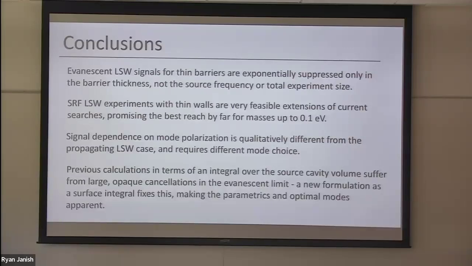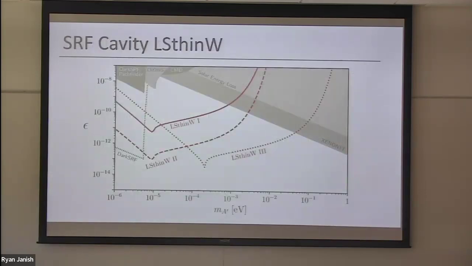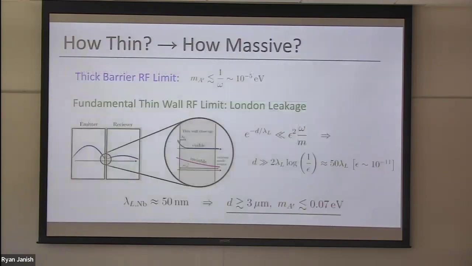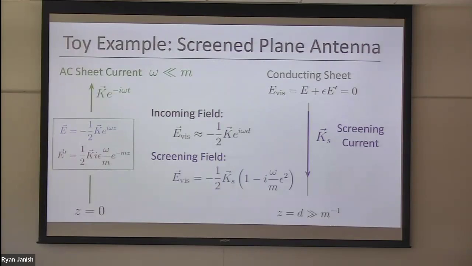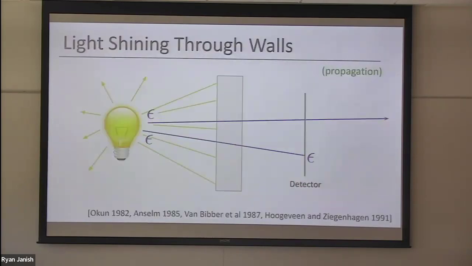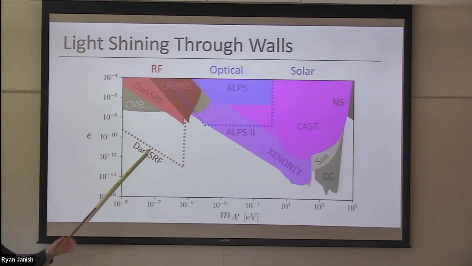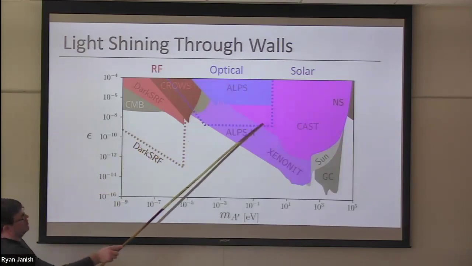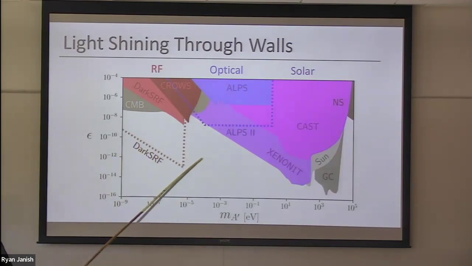In this region of the parameter space, how does this experiment compete with other experiments? Yeah, so the only other planned experiment in this space is way up here, ALPS 2. And so we're talking about right there.